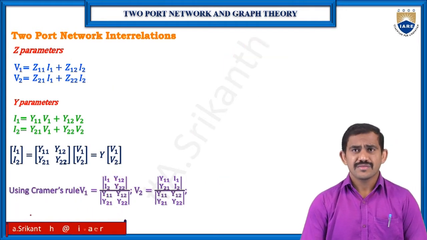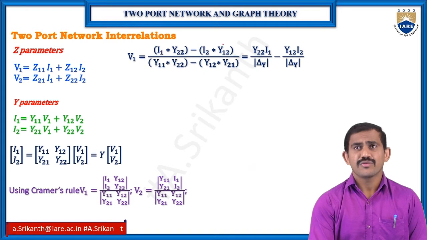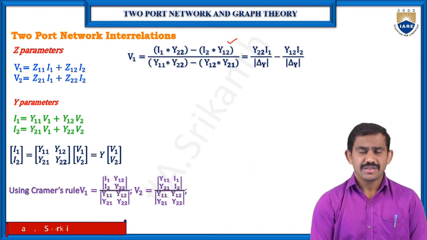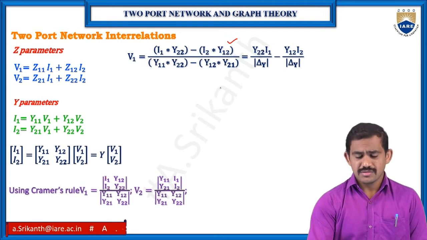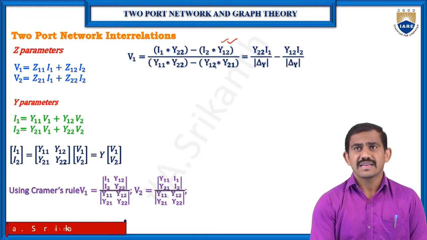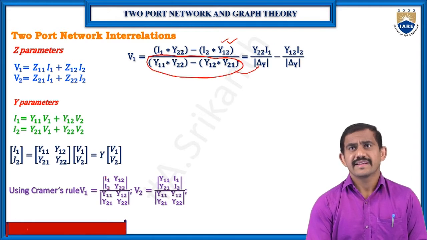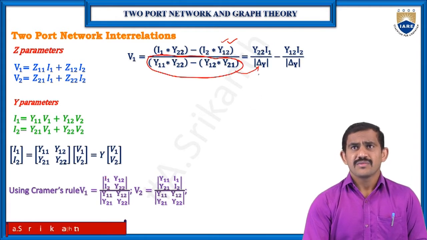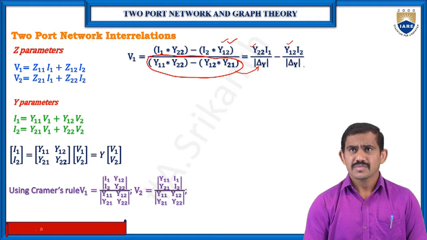So here v1, v1, v2, just solve the v1 equation. If you solve this equation by cross multiplying, we have i1 into y12 and i2 into y1. If you consider this total as one name, that is del of delta y, then we'll get those values from this equation.